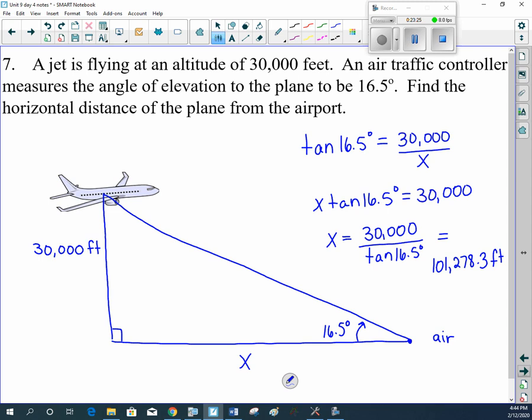Now, I think there's 5,280 feet in a mile. So if we divide that by 5,280, that's about 19.1 miles. That's about how far away. Not sure if you could see that. Maybe you could, if it was big enough. Okay.